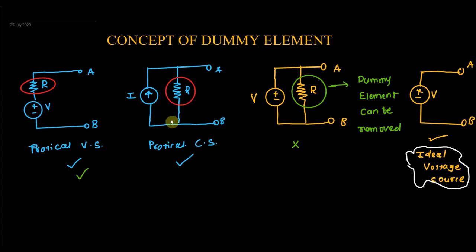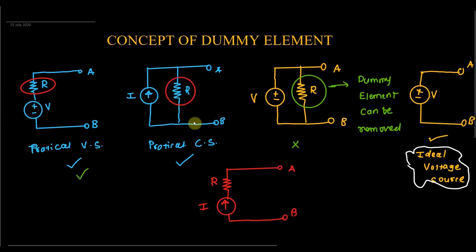Now in a similar way, if we have this type of circuit, where you can see that it is a current source and the resistance is R here. You can see here that the resistance is coming in series with the current source, but ideally it should be coming in parallel.